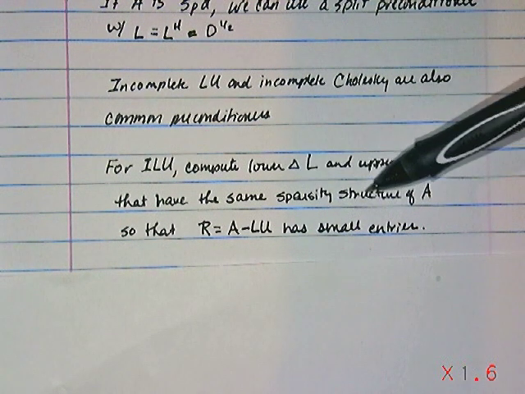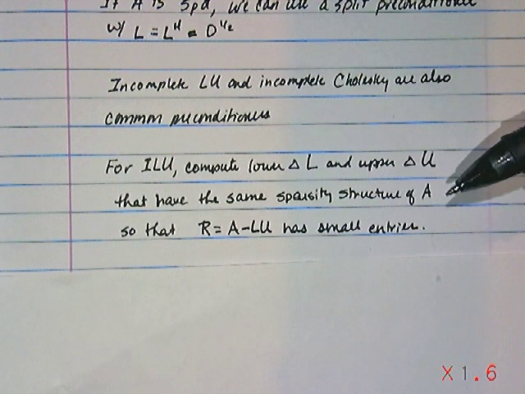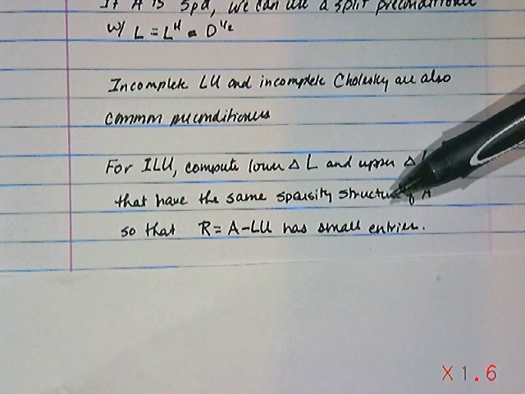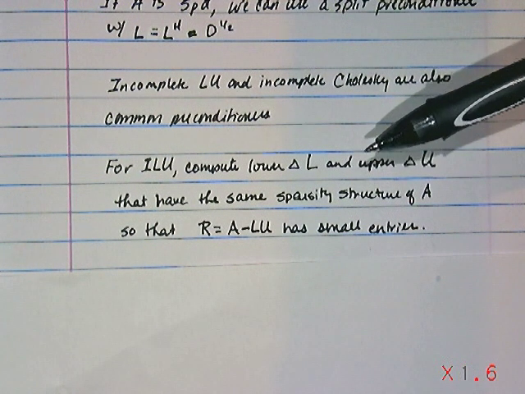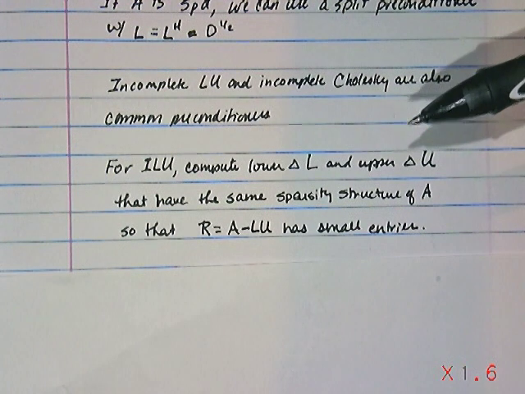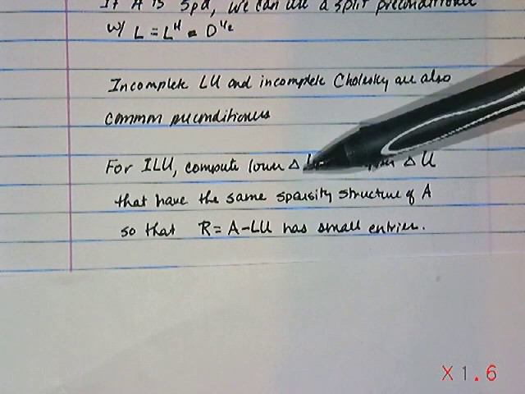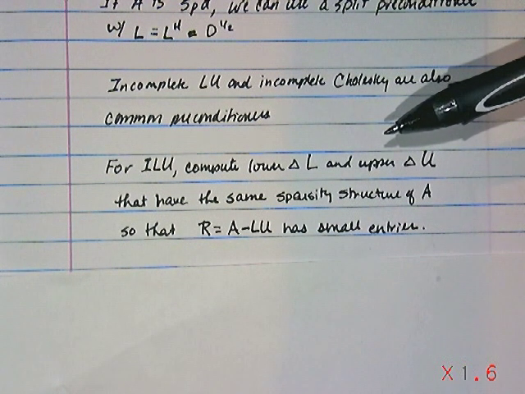You're just trying to estimate LU by having a similar sparsity structure to A. It'd be almost like if you were doing Gauss elimination and throwing away any element, not allowing any fill into the factors if that element wasn't in the original matrix A. And that's why it's called incomplete LU. So you would have maybe had the original L and U, but when you drop out the values corresponding to entries of the original matrix which didn't exist, you've kind of put holes in L and U.